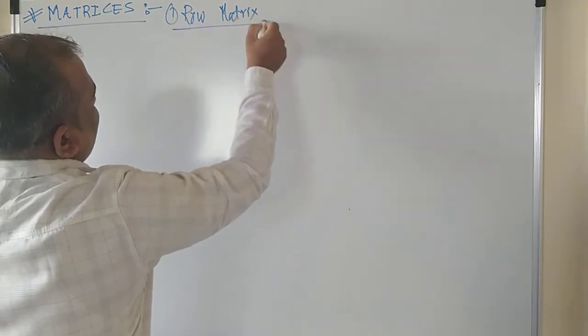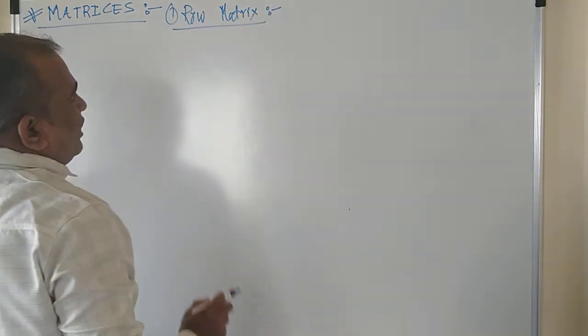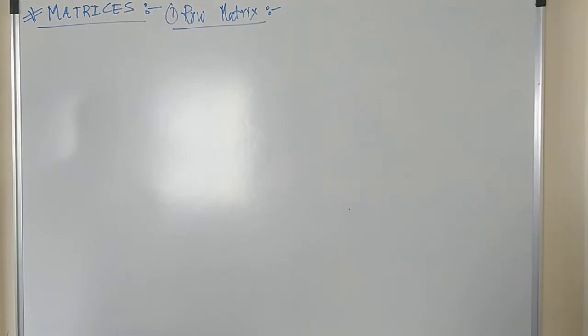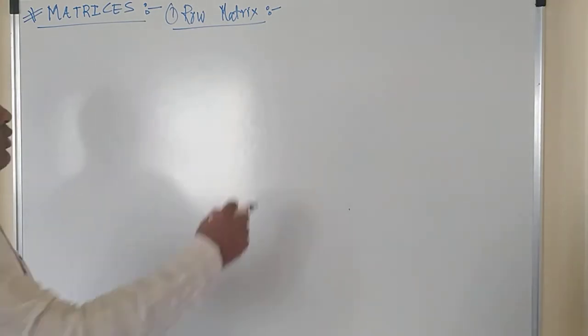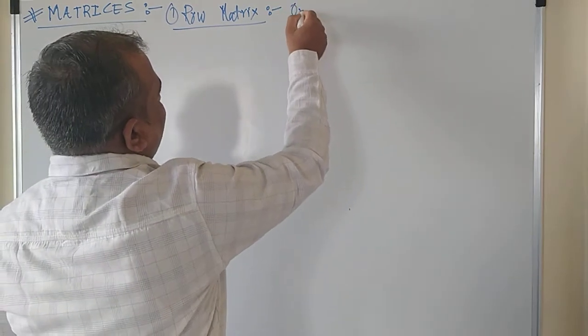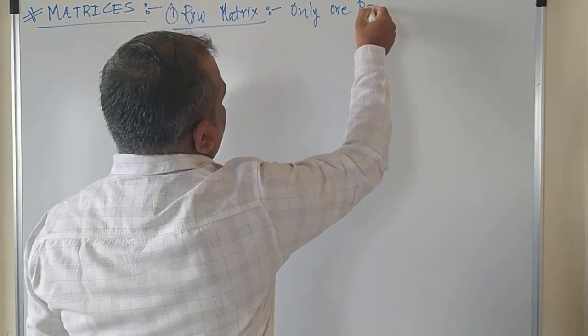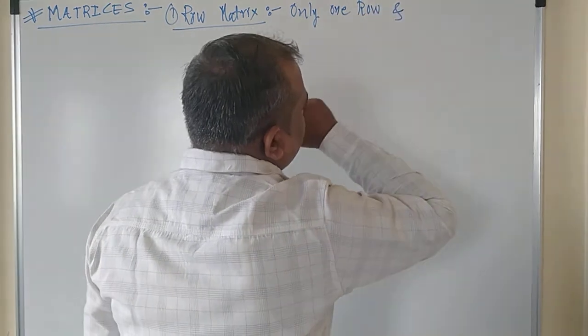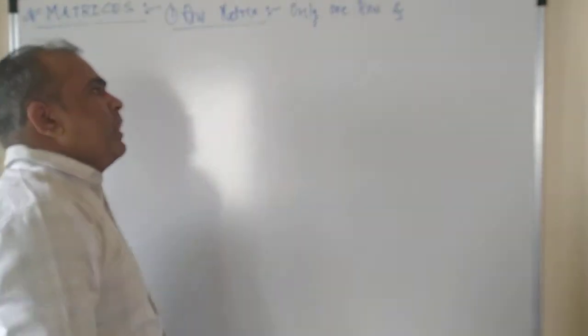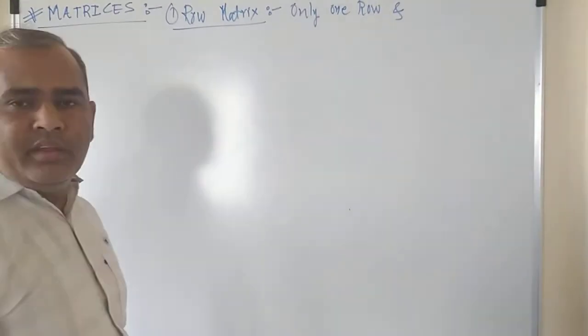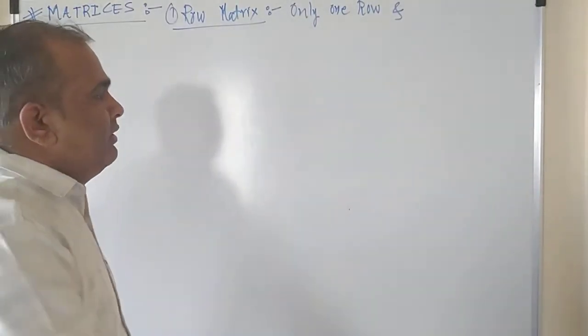Row matrix. Now what do you mean by a row matrix? A row matrix is a matrix which has only one row, and columns may be finite or infinite, right?